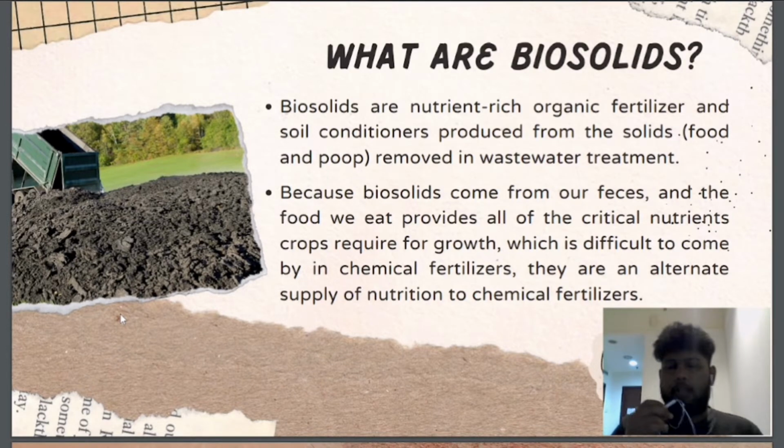When the wastewater gets treated in the wastewater facilities, the food and our feces are removed from that wastewater before it is sent out to the sea or to the river. That food and feces removed from the wastewater is biosolids.